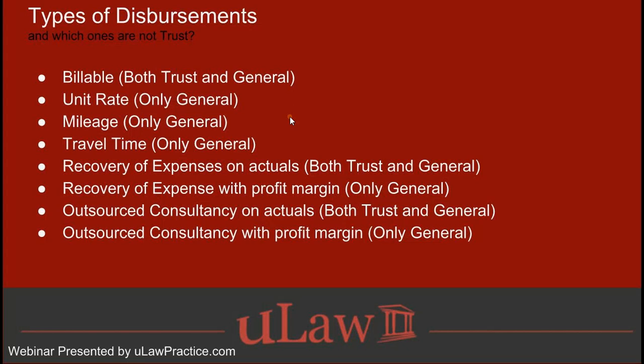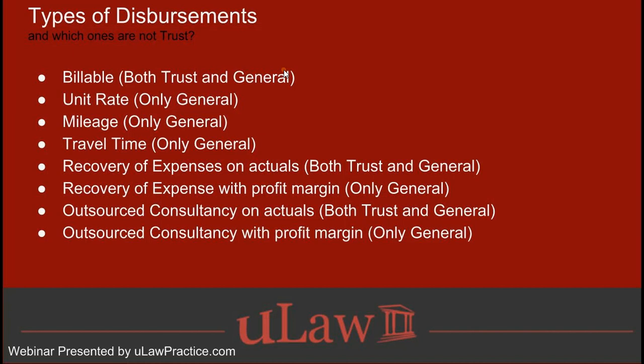As I mentioned earlier, any billable types, both trust and general, absolutely. Unit rate, most definitely only general. Likewise with mileage and travel time. Any recovery of expenses on actuals. So we spoke about a court or an application fee where it's actuals of $95 or $350, both trust and general.